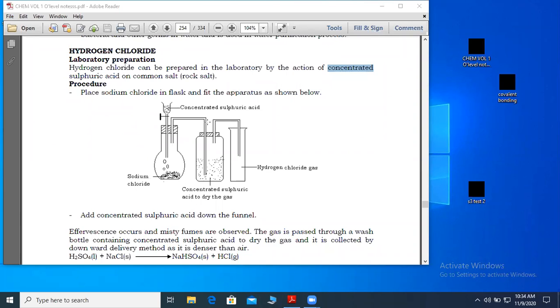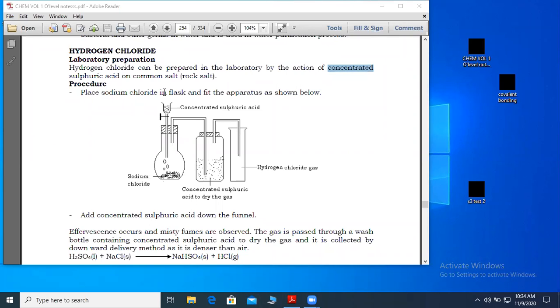Since we have agreed that hydrogen chloride gas is acidic, remember when you are preparing carbon dioxide, you say pass the gas in water to remove hydrogen chloride fumes.